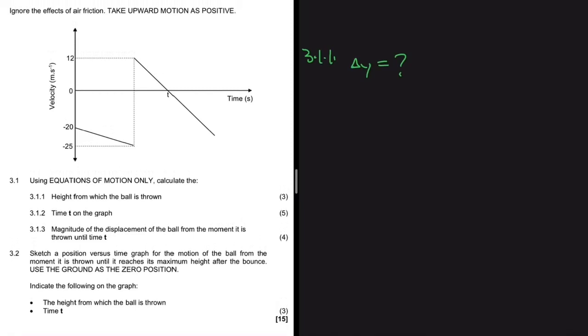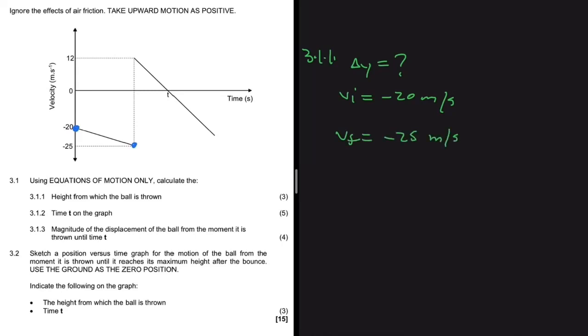At t equals 0, we have the velocity at which the ball is thrown, which will be our VI, given as minus 20 meters per second. When the ball hits the ground, it has a velocity of minus 25 meters per second, so our VF in this instance is minus 25 meters per second.